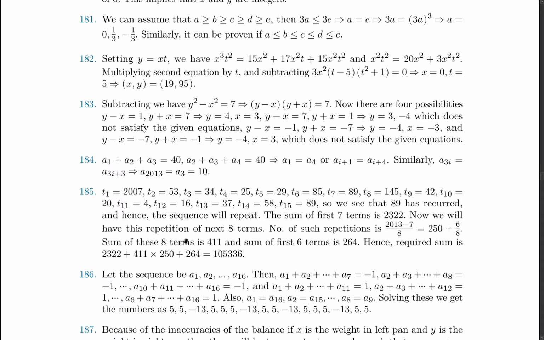Now sum of these 8 terms is 411 and sum of first 6 terms is 264. So the required sum is 2322 plus 411 into 250, because this 250 is there, plus 264. Okay, so that would be 105,336.